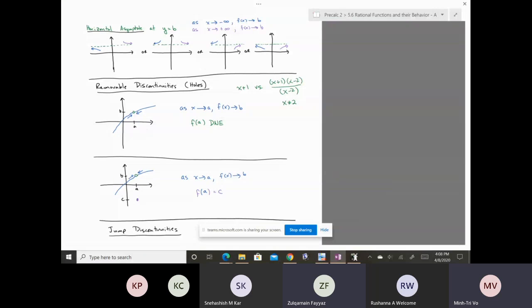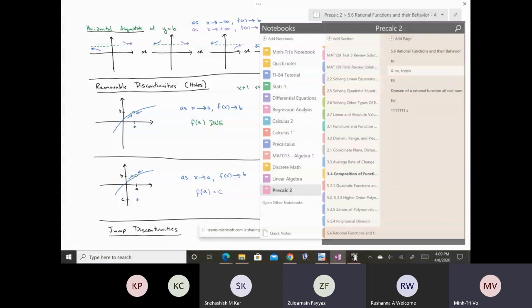So you can see that the x minus 2 appears in the denominator, so the function is undefined there, but the x minus 2 also appears in the numerator. So this factor appears in both the bottom and the top.